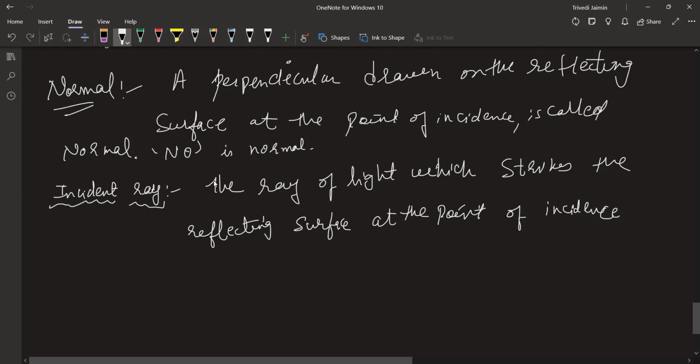Or in simpler words, we can say incoming rays.